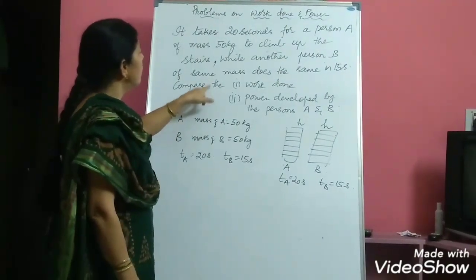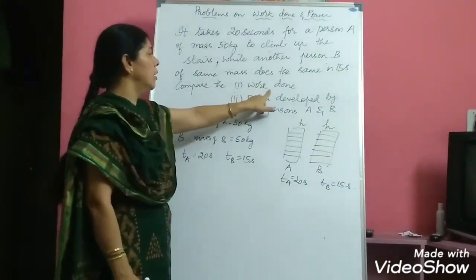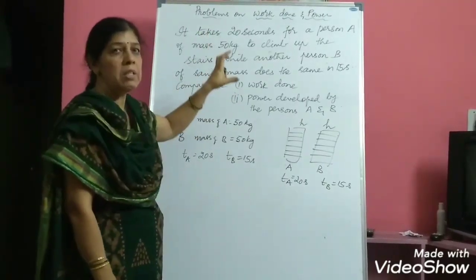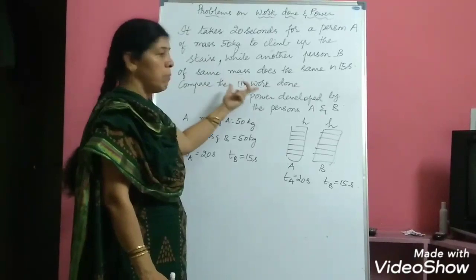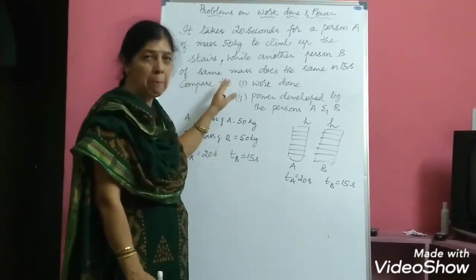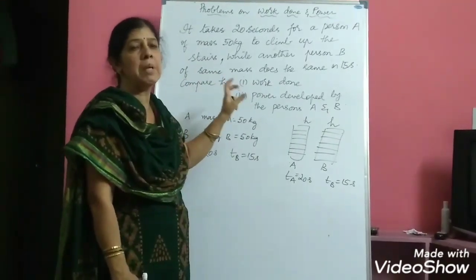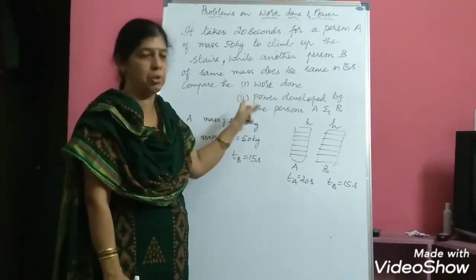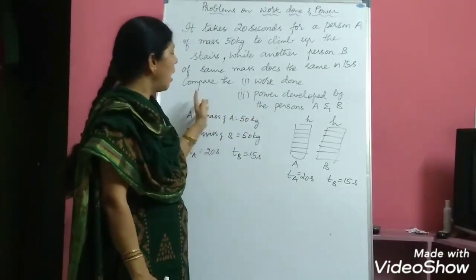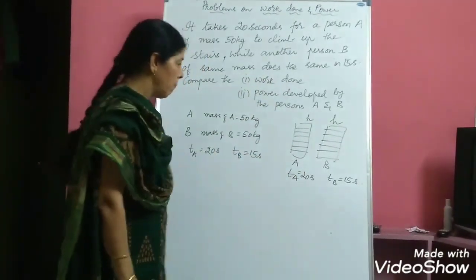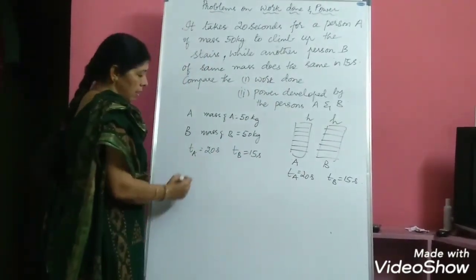We have to compare the work done. Always remember that whenever you have to solve such problems where we have to compare, the answer must be expressed in terms of ratio. So here we have to calculate the work done by A and the work done by B. Now what is the formula for work done?